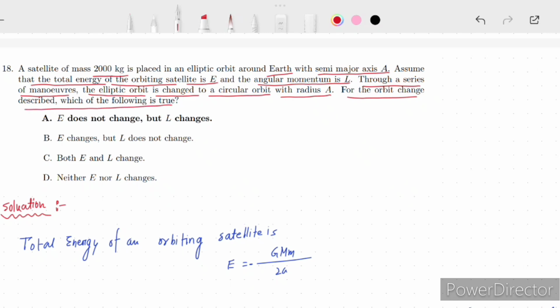A satellite first revolves in an elliptical orbit, and after a series of maneuvers, this elliptical orbit is changed to a circular orbit. This is the elliptical orbit, and this is the circular orbit.